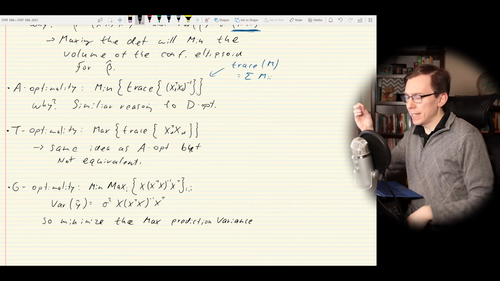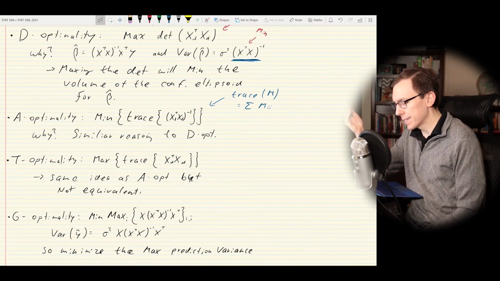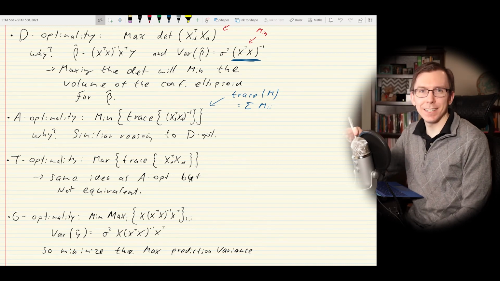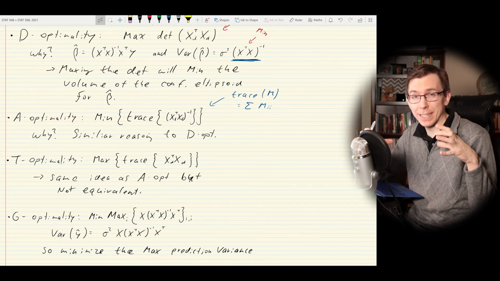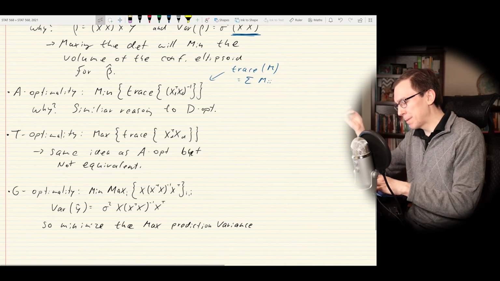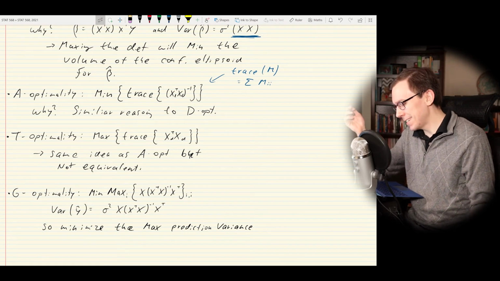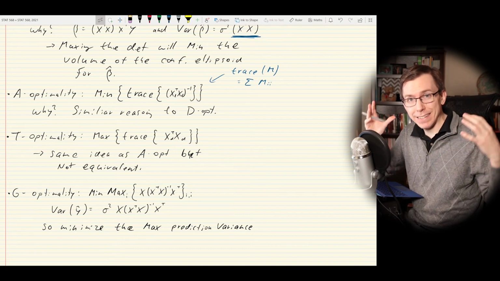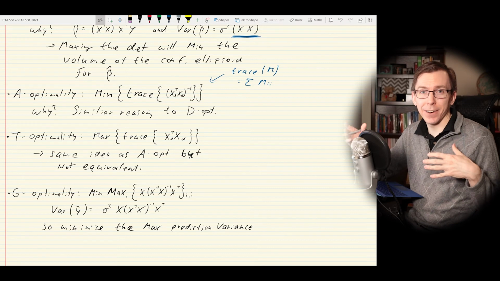So G optimality is doing something a little different. The first ones, the D and A optimalities, are focusing on the least squares estimator and saying we want to minimize the variance of our estimate as much as possible. G-optimality is doing something very similar, but in this case, it's saying I want to minimize the worst possible prediction error rather than the estimation error or variance.